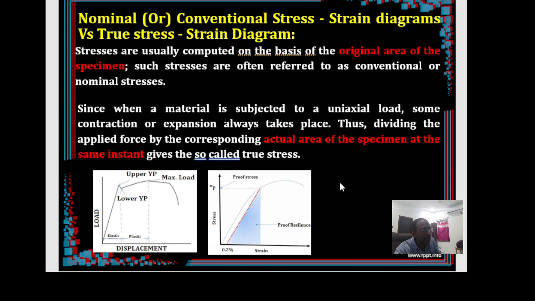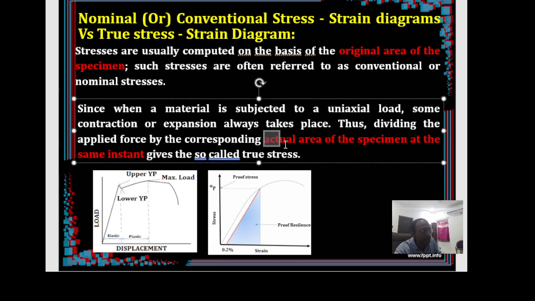Whereas if you want to measure precisely how much stress was developing in the specimen, for that purpose you take the area of the specimen at the instant of the load application, right?